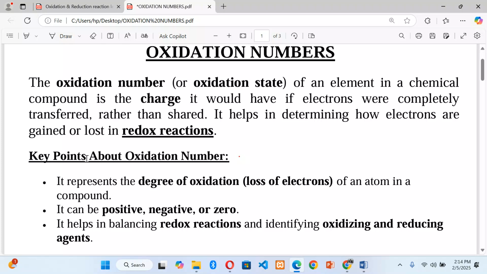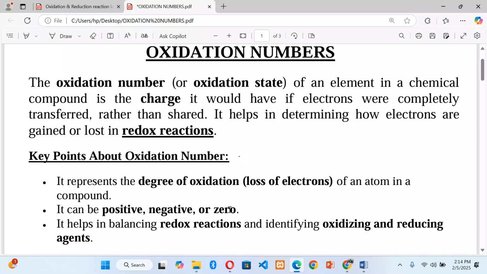Now, there are some key points about oxidation number. Number one, oxidation number represents the degree of oxidation (loss of electrons) of an atom in a compound. The oxidation number can be positive, negative, or even zero.